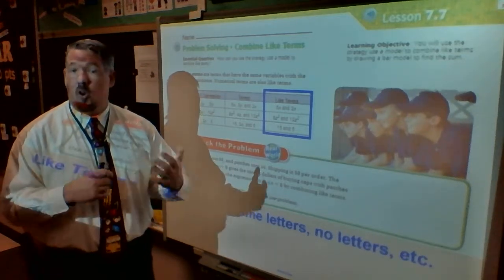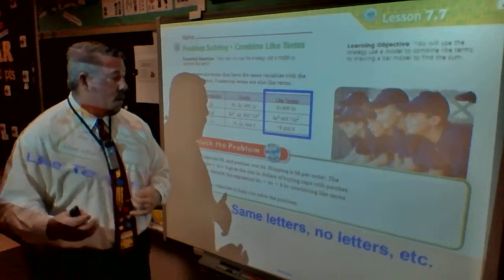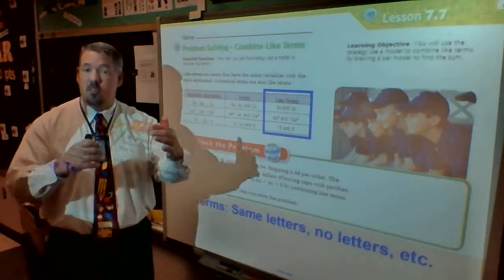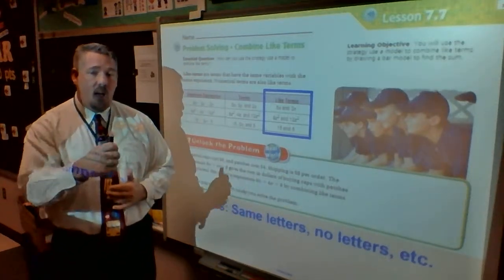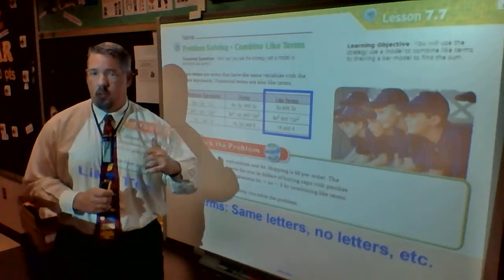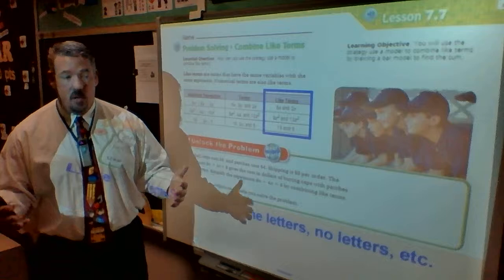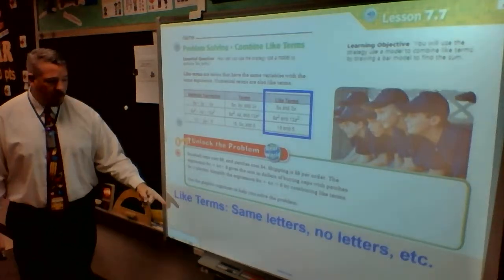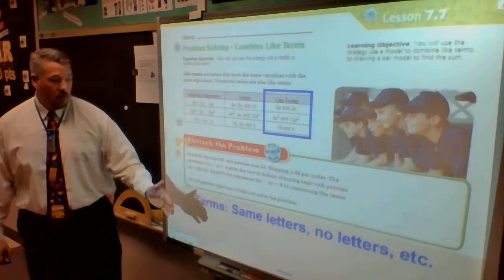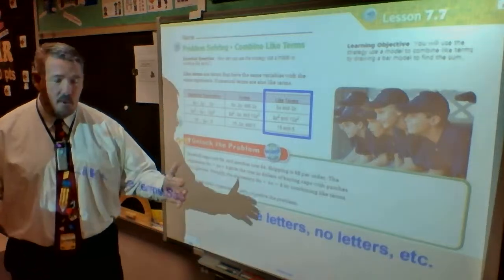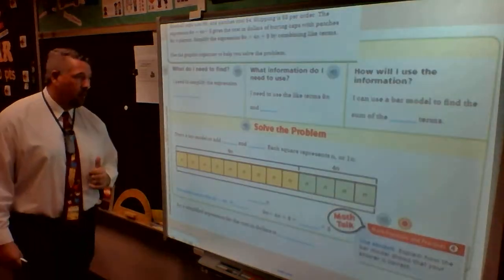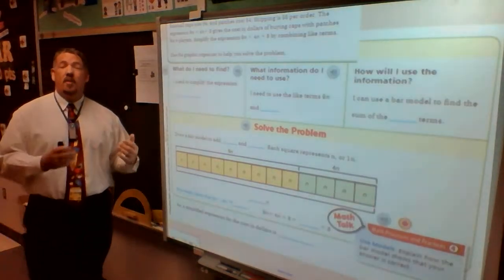There aren't any variables with them. If there are variables, then they have to be variables that are the same. It can't be an a and a squared. It can't be an a and b. Like terms means they are alike: same letters, no letters, meaning numbers by themselves. Going to combine them, going to put them together.